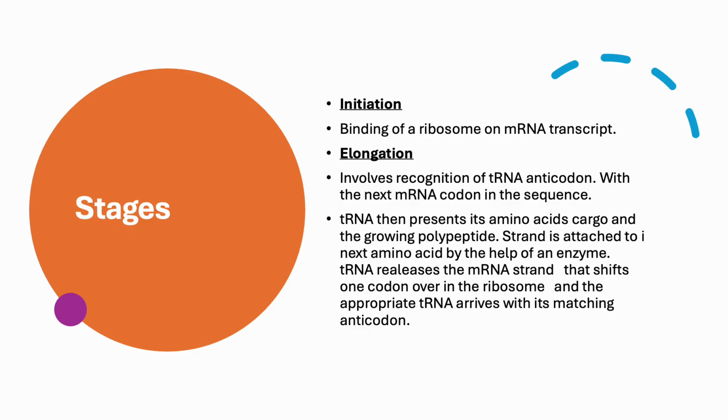During initiation, the ribosome binds to the mRNA transcript. The elongation stage involves recognition of the transfer RNA, tRNA, anticodon with the next mRNA codon in the sequence. tRNA then presents its amino acid cargo, and the growing polypeptide strand is attached to the next amino acid with the help of an enzyme. tRNA releases the mRNA strand, which shifts one codon over in the ribosome, and the appropriate tRNA arrives with its matching anticodon.